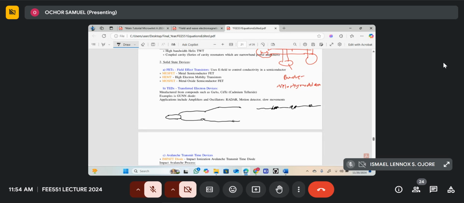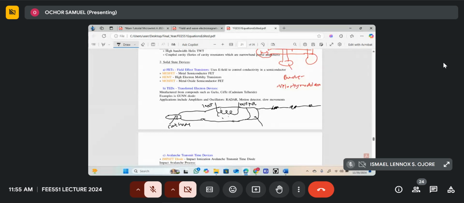This is just a sketch. Here you'd have an input, then the output, and here we have the cathode.